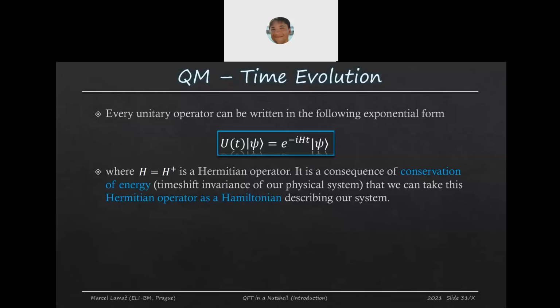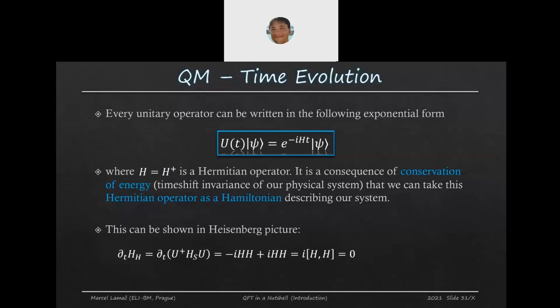And now, if we consider the conservation of energy, then we can take this Hermitian operator as a Hamiltonian describing our system. Because if we take the time derivative of this H operator in the Heisenberg picture, which is simply the transformed Schrödinger picture, we'll see the definition of the pictures on the next slide.